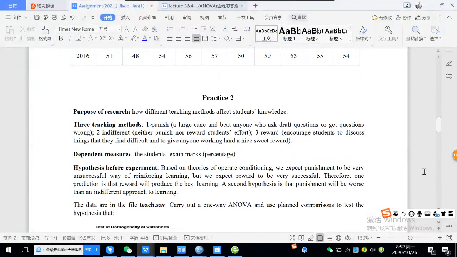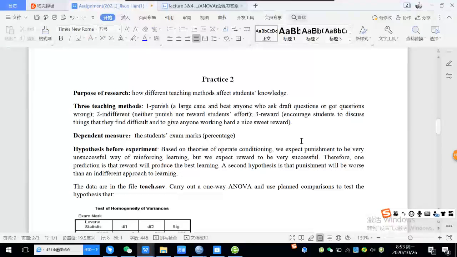Okay. And 2 indicates indifferent, neither punish nor reward the students' effort. Data 3 indicates reward. Okay. And after the teacher used 3 different teaching methods for 1 semester, they will give the students a test, and the score of the test measures the students' knowledge.